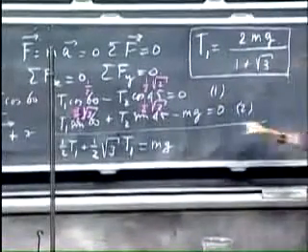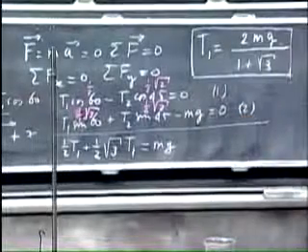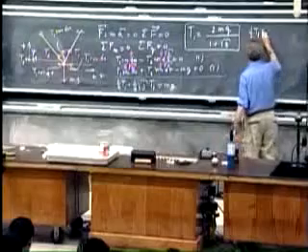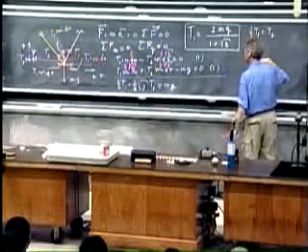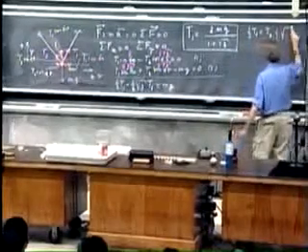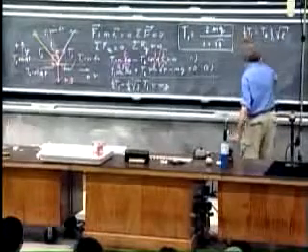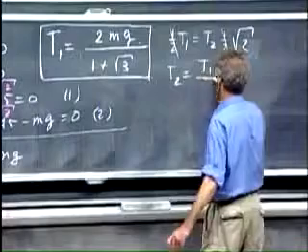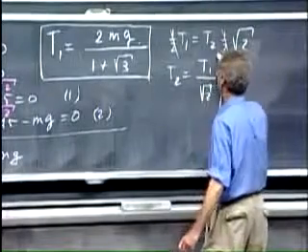I can go back now to this equation. T1 times 1/2 equals T2 times 1/2 square root of 2. I lose my half, and so T2 equals T1 divided by the square root of 2.